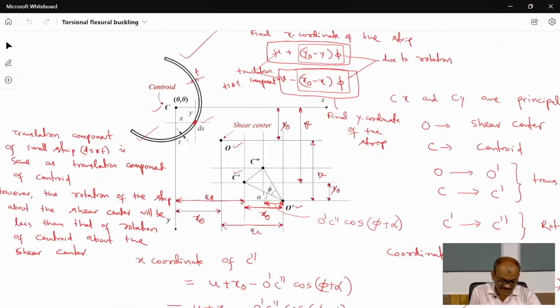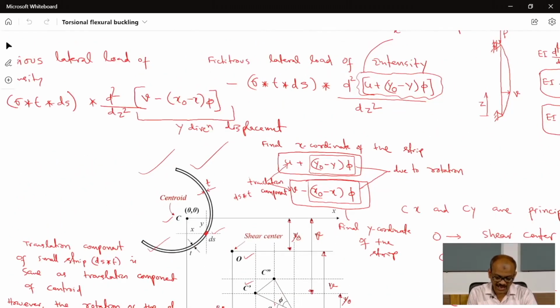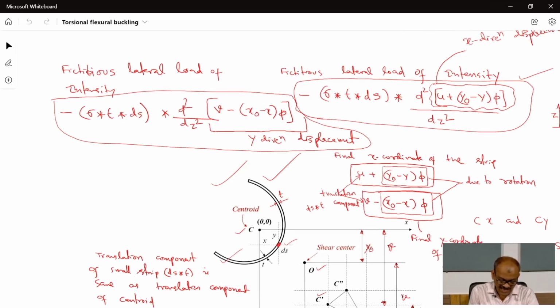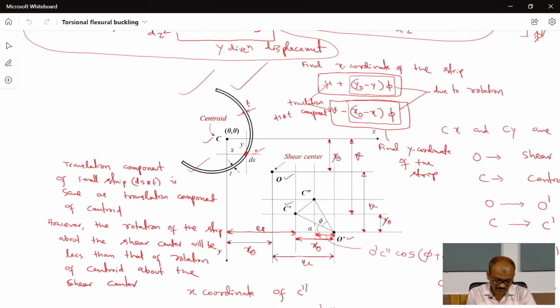And if you see this open section, this strip is subjected to lateral load of some intensity which we derived. This much is the intensity of load in the x direction, and this much is the intensity of load in the y direction. This is acting on this small strip ds into t.